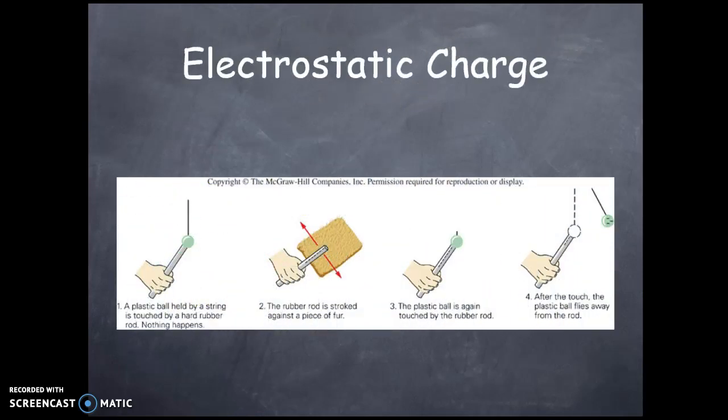Electrostatic charge. So look at this experiment right here. In the first picture, it shows a plastic ball held by a string and it is touched by the hard rubber rod. You can see this gray thing, it is a hard rubber rod, and there is a plastic ball which was held with the string. When you take this hard rubber rod close to this plastic ball, nothing happens.